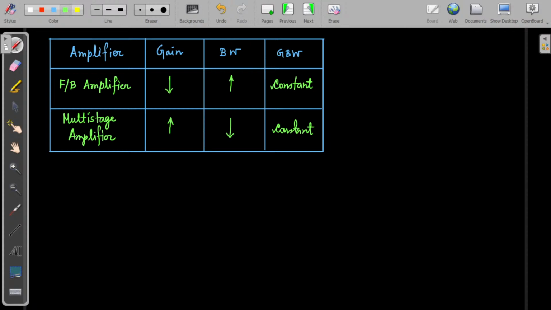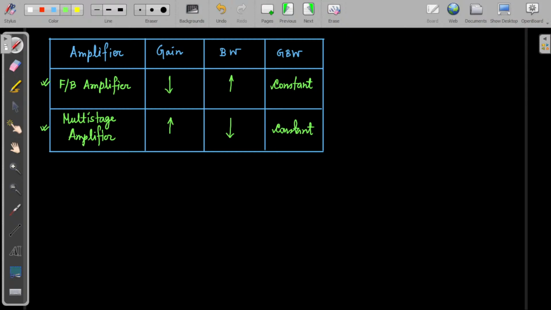But in the case of negative feedback amplifier, the gain is decreasing and the bandwidth is increasing. In both cases, the gain bandwidth product will be constant, but the decrement and increment nature of the gain and the bandwidth is just opposite to each other.